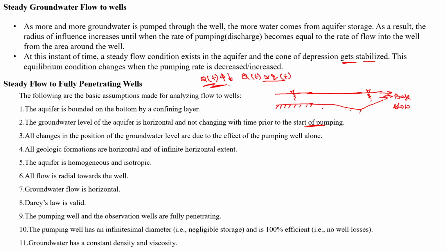Though there are other things, like base flow or seepage, we will neglect all of those. All the geological formations are horizontal and infinite horizontally. All these assumptions will be mentioned in the question when they give the question. This is a tricky part in GATE.